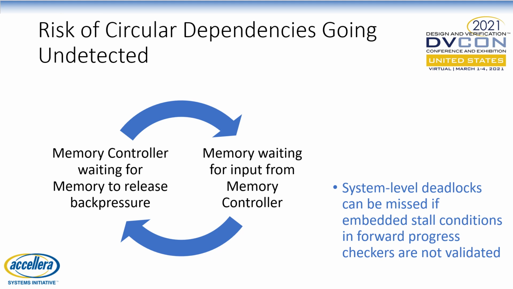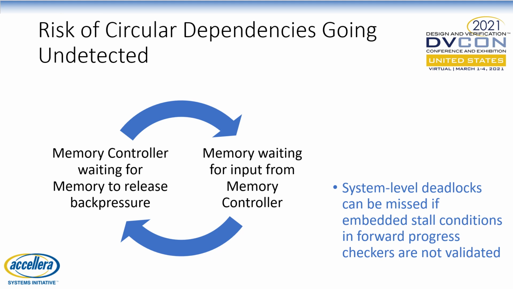Stall conditions such as this become constraints that are embedded within the logic of forward progress checkers. The assumption that the stall conditions eventually resolve is not coded as a separate constraint and hence cannot be cross-proven on the neighboring blocks.